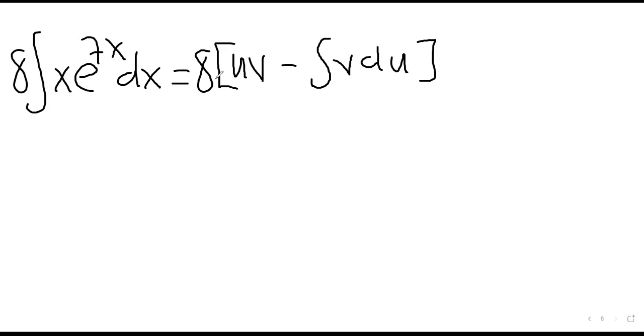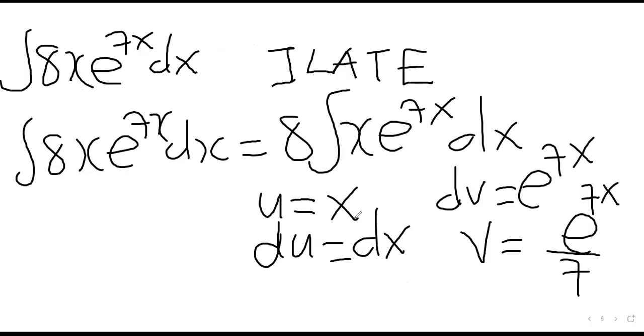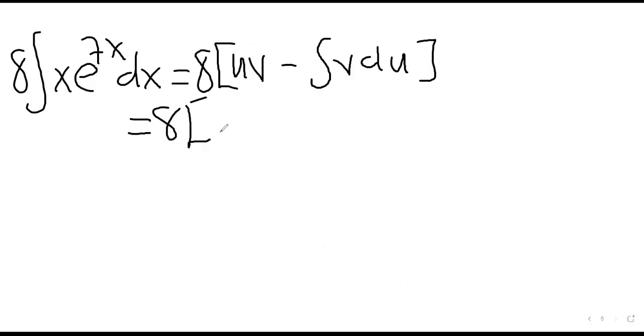So this is equal to 8. You start replacing. What is your u? U here is equal to x, and our v is equal to e^(7x) over 7. So our u is equal to x, and our v is just e^(7x) over 7.